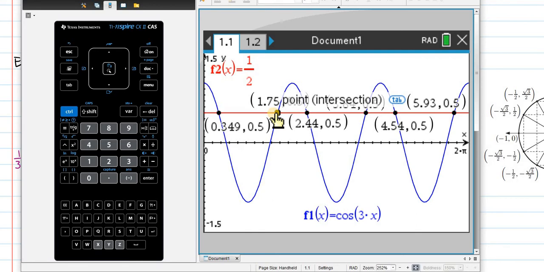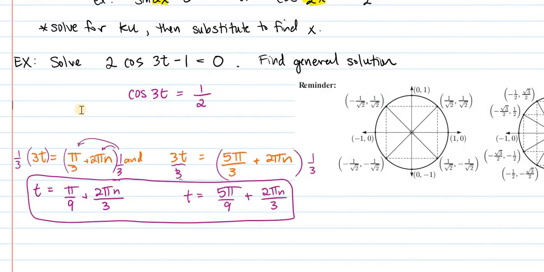And then because it's cyclical, the first answer repeats here, and here again. The second answer repeats here and here. So you can see how the curve of the cosine gets intersected by that red line in multiple locations, as if you were going around the unit circle over and over and over again.